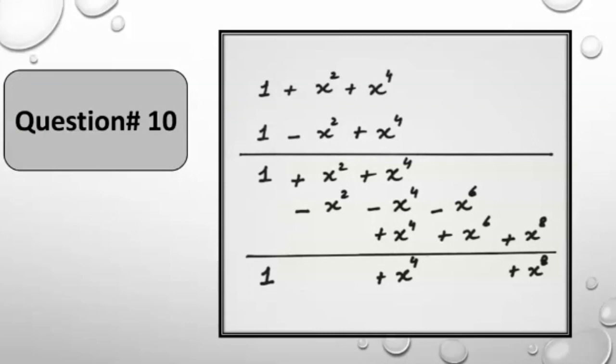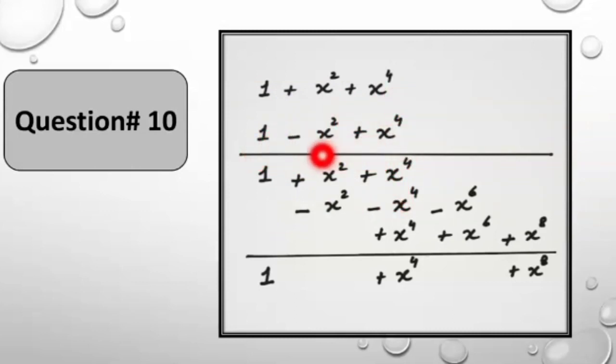Now we will multiply the product of first two polynomials with the third polynomial. Take 1 and multiply it with each term of the first polynomial. 1 multiplied by 1 will be 1, 1 multiplied by x square will be positive x square, 1 multiplied by x4 will be x4.